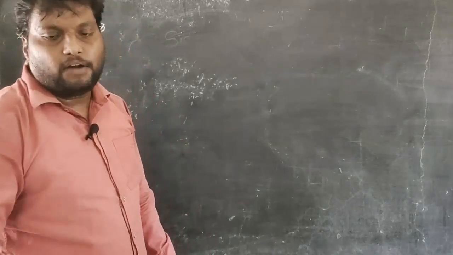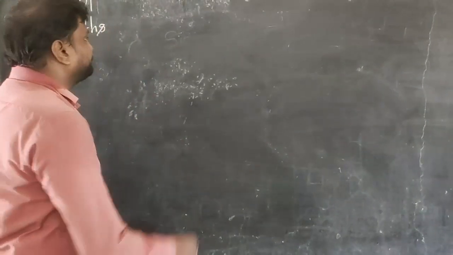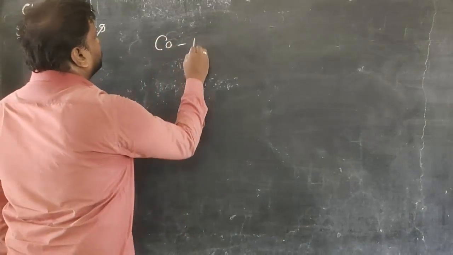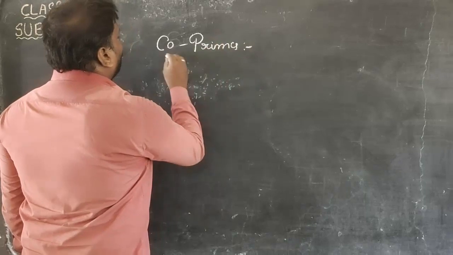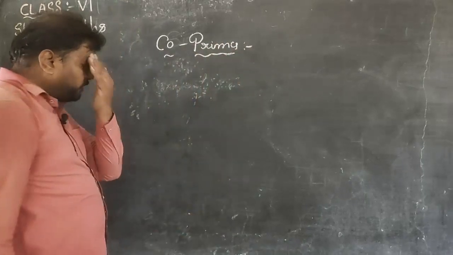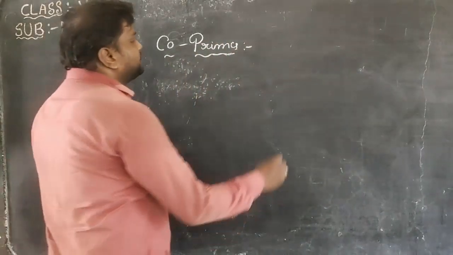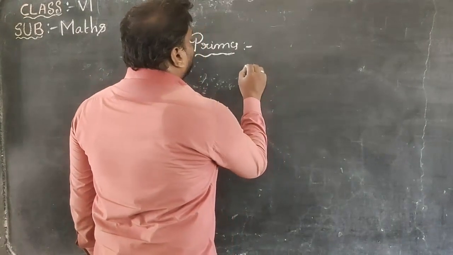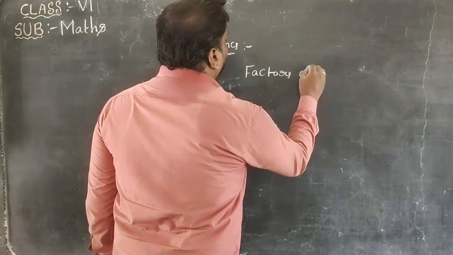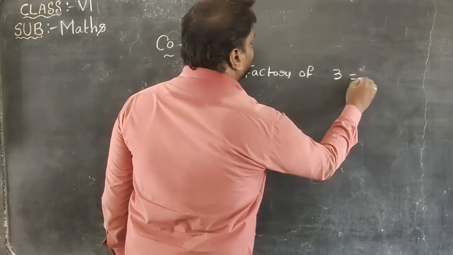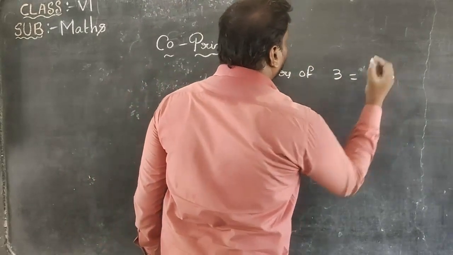In that, after this come twin primes and co-primes. What are co-primes? For example, factors of 3 are 1, 3.